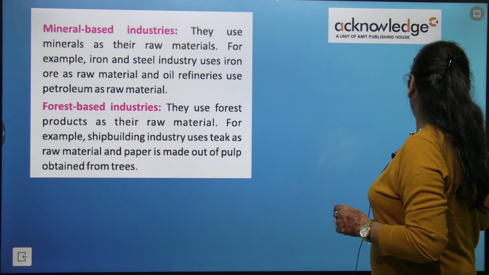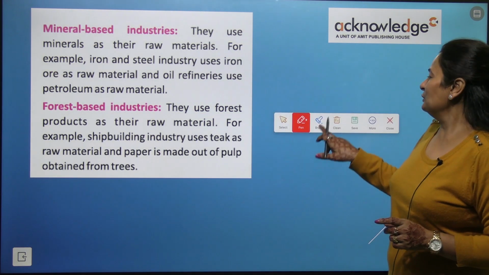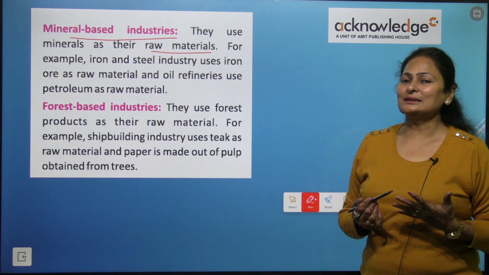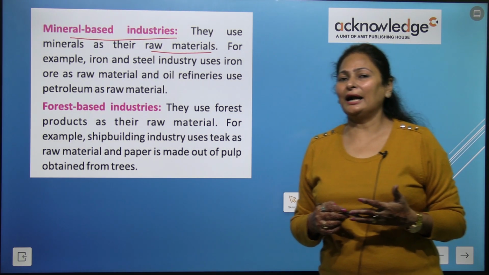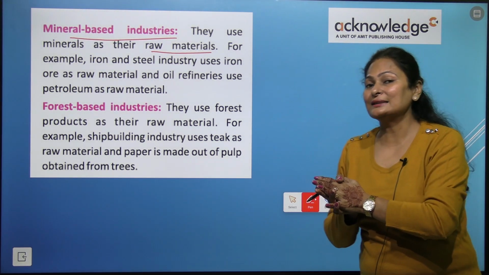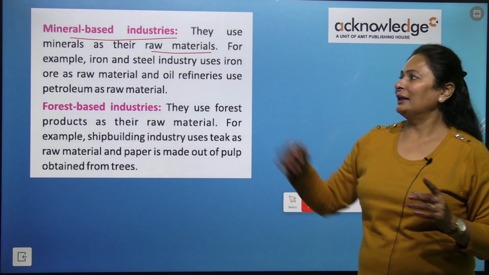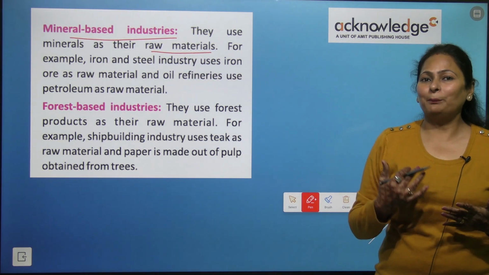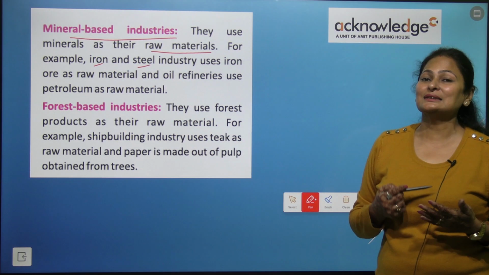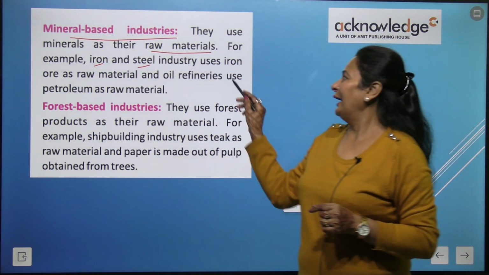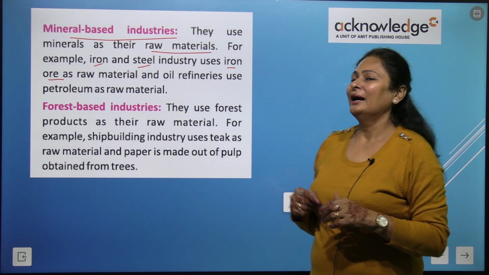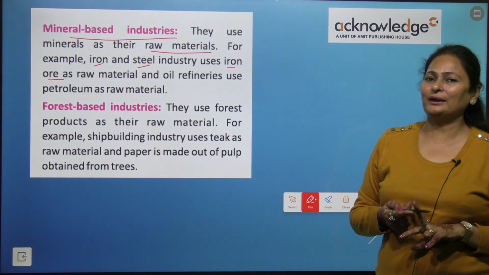Now next is mineral-based industry. They use minerals as their raw material. We have studied about the minerals that we take out from the mines, right? And these minerals are sent to the industries, and these are called mineral-based industries. For example, the iron and steel industry uses iron ore as raw material, and oil refineries use petroleum as raw material. Have you understood, kids?